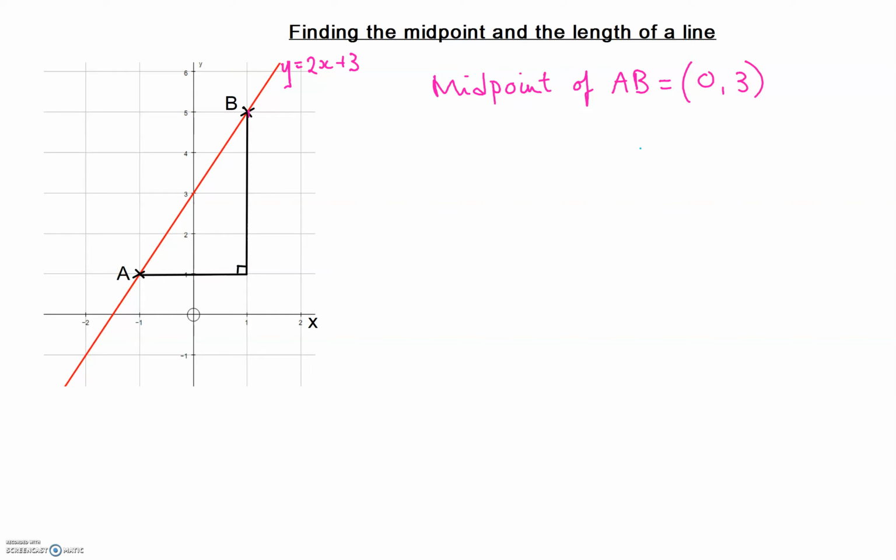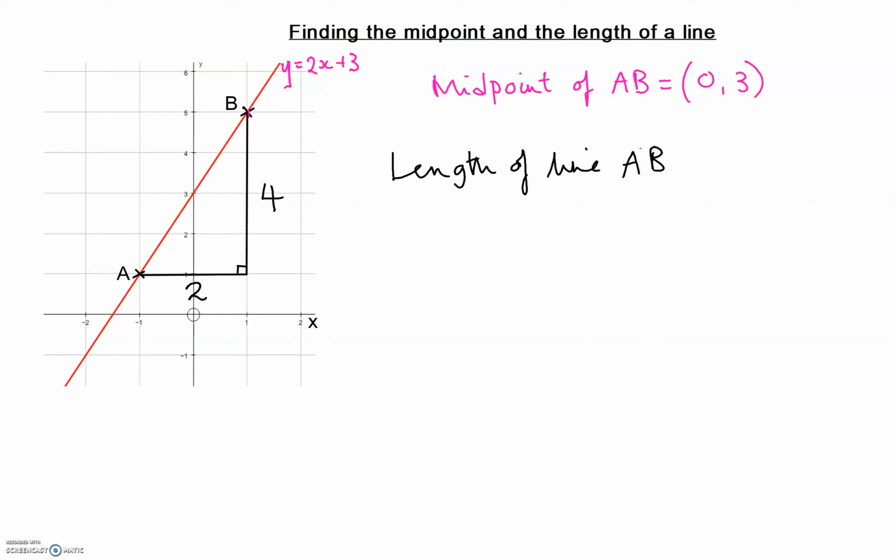We're going to use this right-angled triangle to find the length AB. Across the x coordinates, we've gone across 2, and up the y-axis, we have gone up 4.